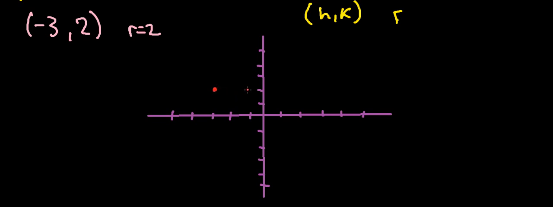So I go over 1, 2. So here's a point. And if I go up, it's a radius of 2, so 1, 2. That's going to be here. And if I go to the left, it's a radius of 2, 1, 2. And if I go down, it's also a radius of 2, so 1, 2. And then what I do is I draw, well, let me see if I can make this circle fit.